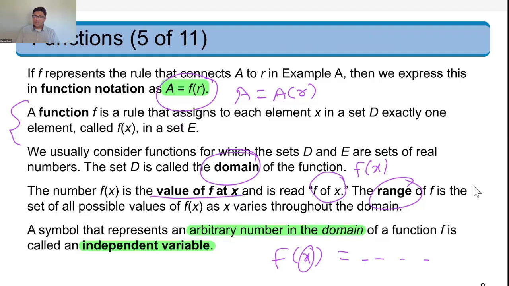Which input? No particular input, an arbitrary input, okay. When you have a formula, we call that an independent variable. The x is the independent variable, the input, and that input is processed by the function and it produces an output. That is your y, okay. y equals f of x, and that is your dependent variable. y is dependent, x is independent, okay.